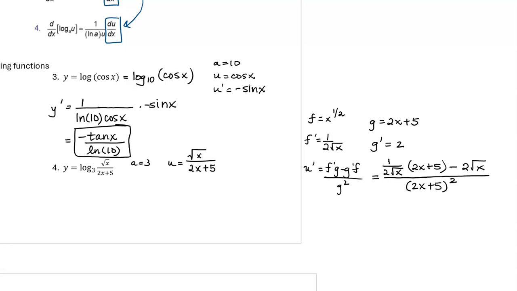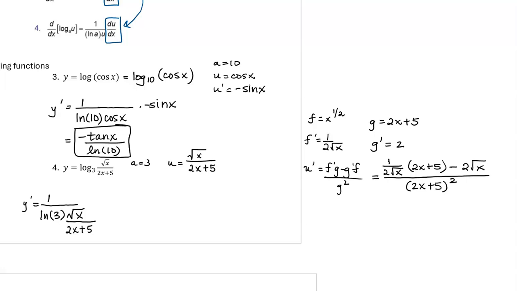Now we have all of the pieces that we need for us to go back and write y prime. So we have 1 over natural log a, which is 1 over natural log of 3, needs to be multiplied by u. So I'm multiplying by the square root of x divided by 2x plus 5.